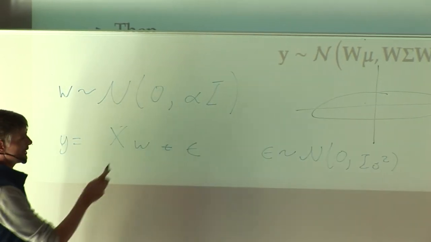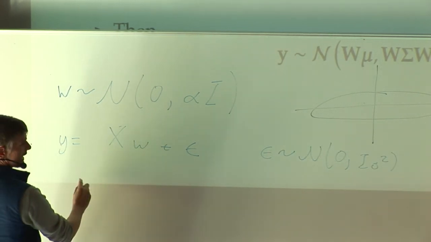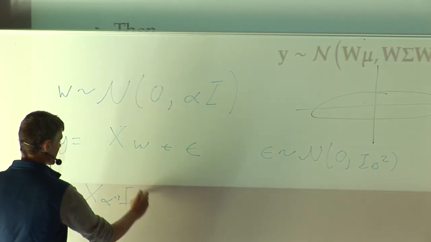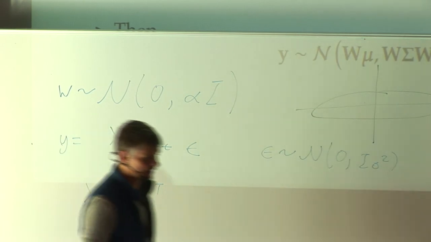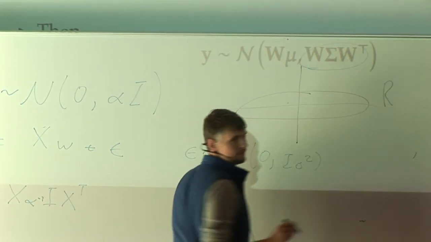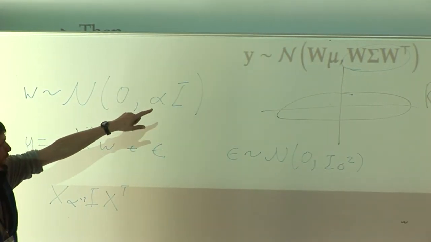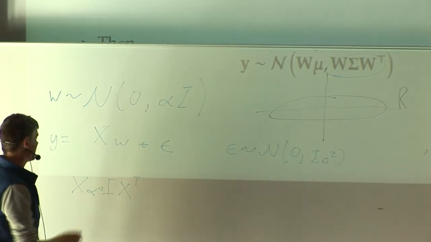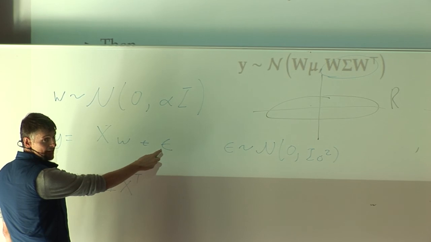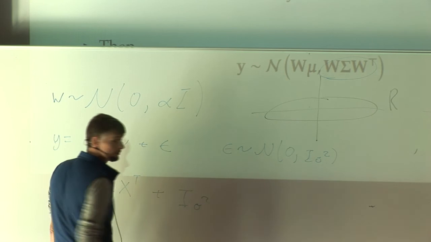That tells me that y must be given by x times alpha minus 1 I times x transpose. That's this rule here, for the covariance. The mean of W is 0, so the mean of y will also be 0. But it's not just that, because I'm adding this other Gaussian. And adding two Gaussians just makes me add the covariance, plus I sigma squared.